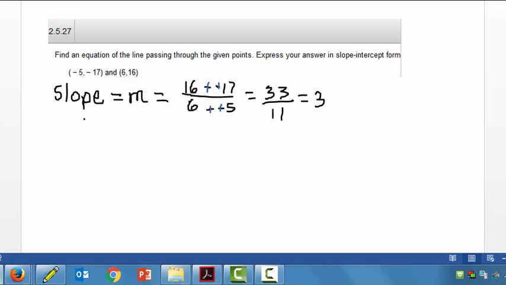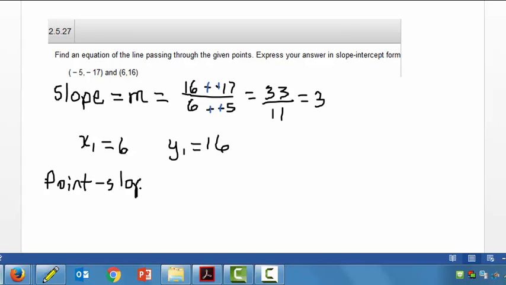All right, now once I find my slope, I just need one of the points, and I call that point x1, y1. So I'm going to use the point (6, 16). So x1 is 6, y1 is 16. The point-slope form of our line equation is y minus y1 equals the slope times x minus x1.